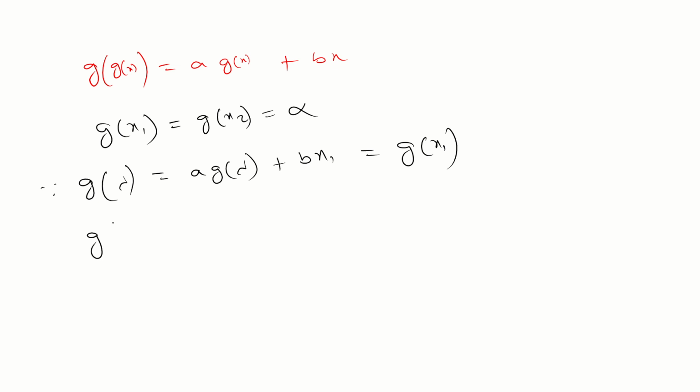Similarly, g of lambda equals a times g of lambda plus b times x2, equals g of x2. Basically we just have to take two values x1 and x2 and check whether equal outputs imply equal inputs or not.